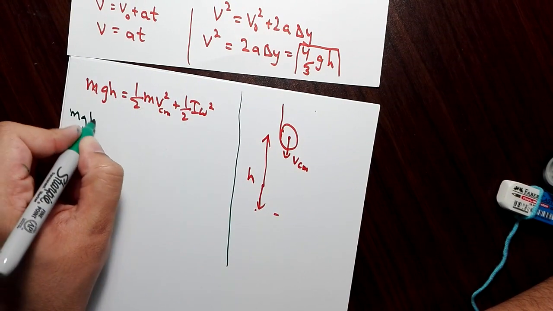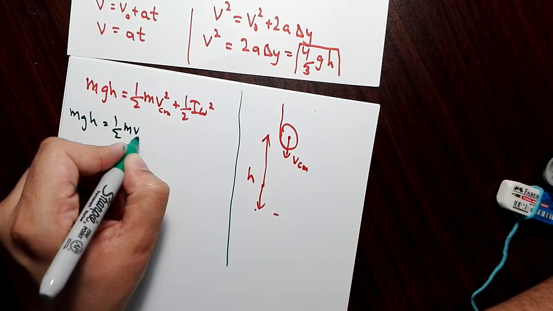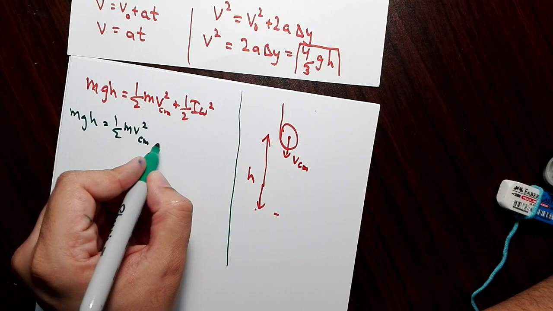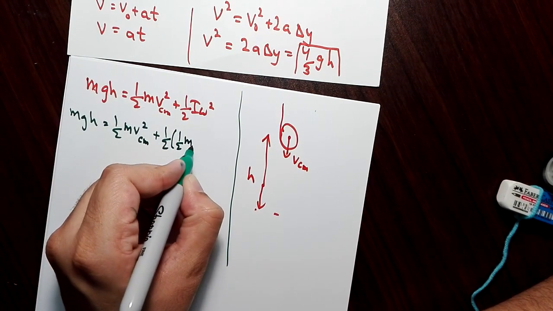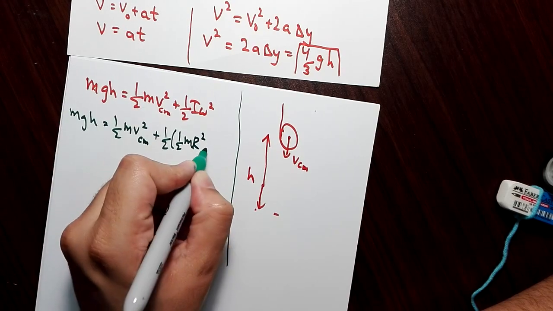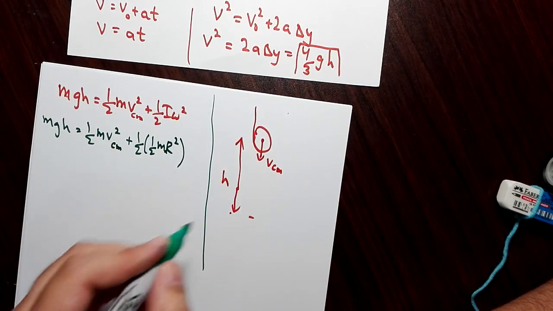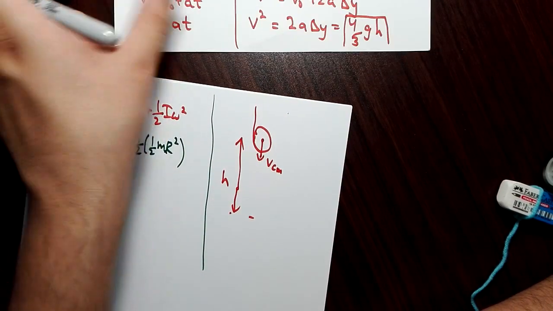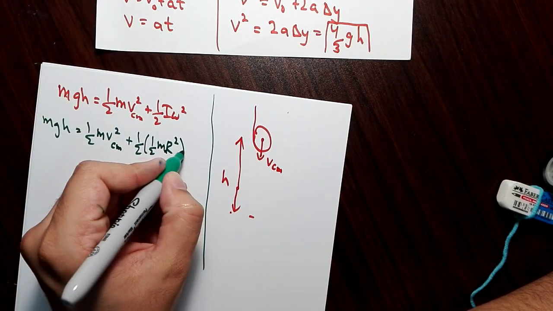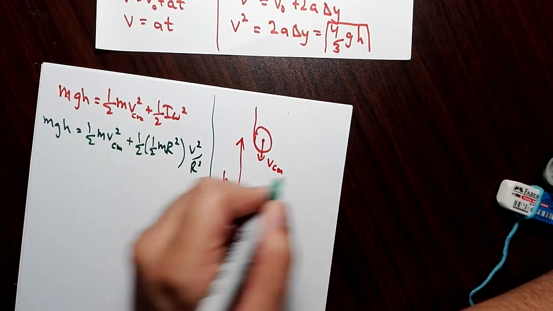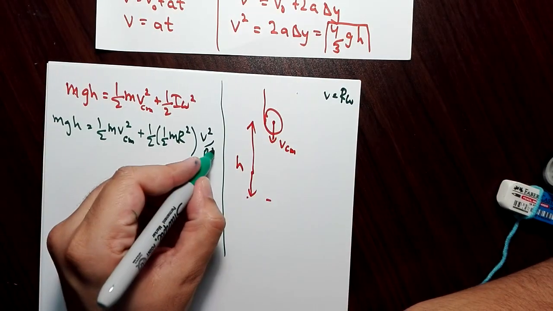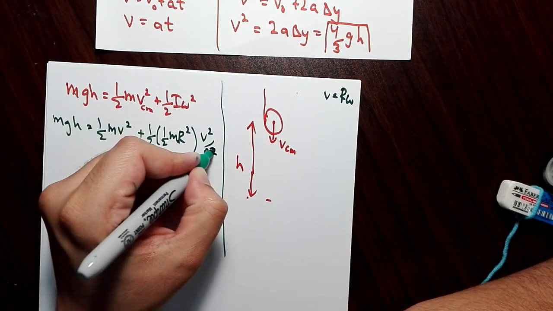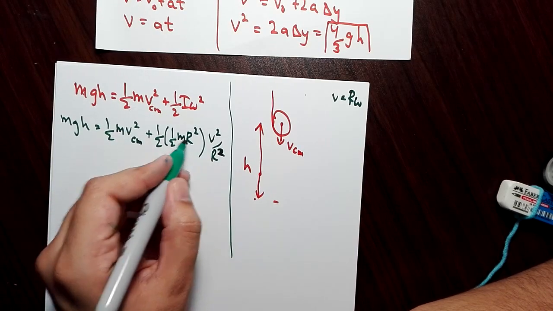So mgh equals half m v center of mass squared plus half m r squared times omega squared. Omega squared is v squared over r squared, because v equals r omega. So I'm just going to plug that in, and the r squared cancels out.